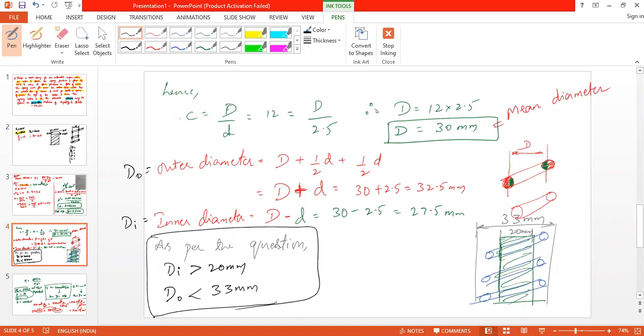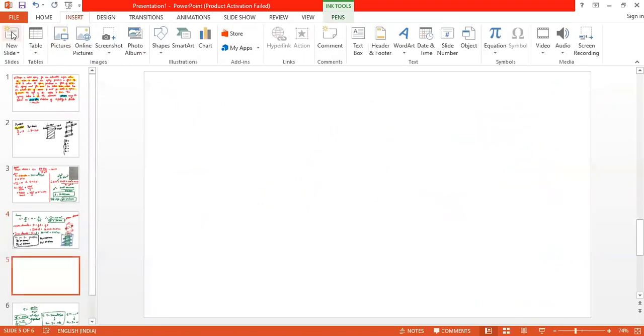Yes, sir. For the result we got, D naught is 32.5 and D I is 27.5 mm. 27.5 is greater than 20 and 32.5 is less than 33. So whatever design we have made is absolutely fine.